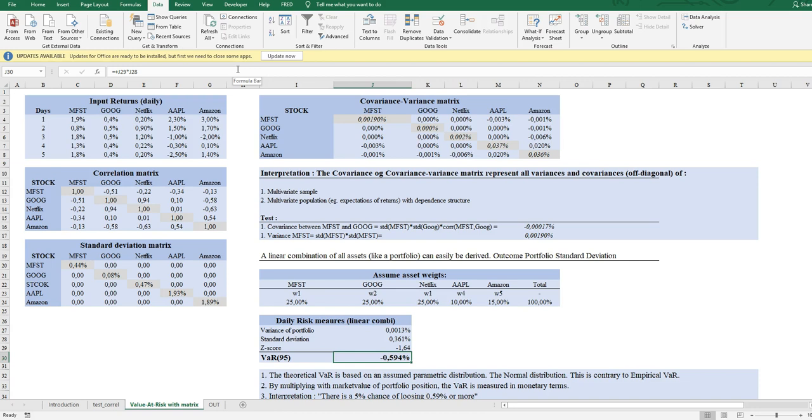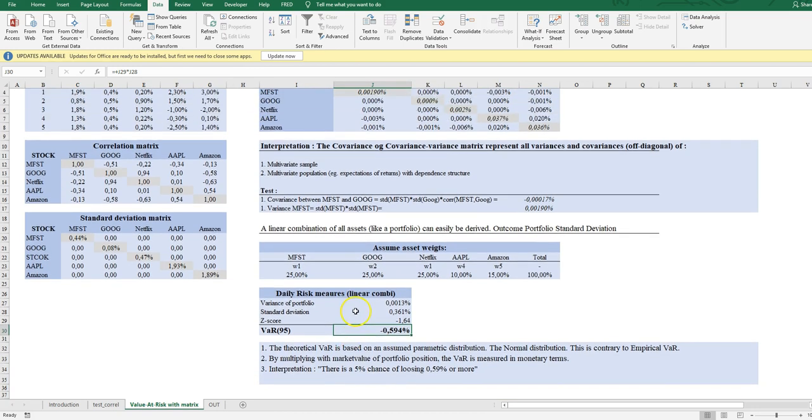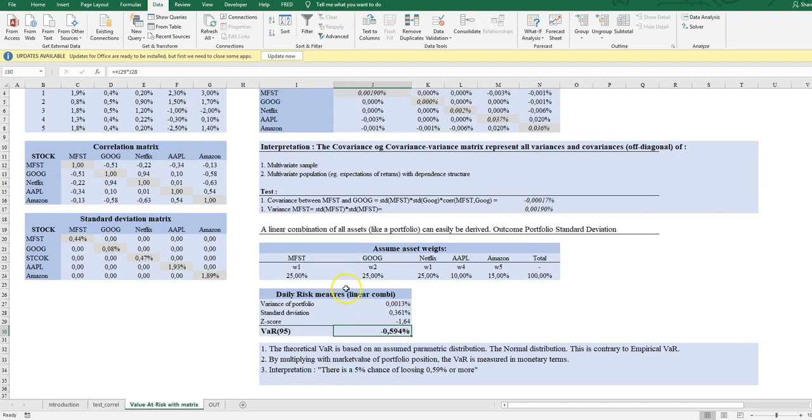And this means, in terms of interpretation, that there is a 5% chance of losing more than 60 basis points a day in this portfolio. We could annualize this by annualizing the standard deviation up here using the square root rule.